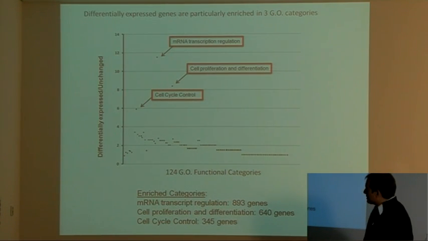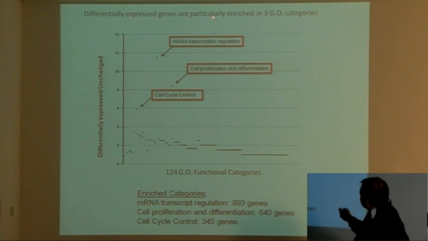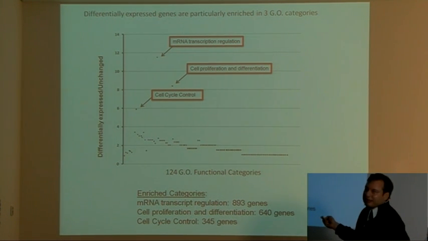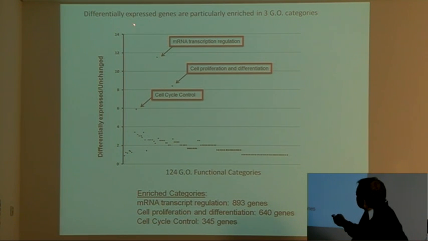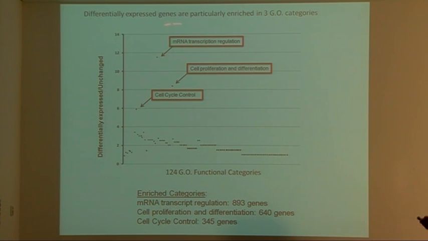Now, another thing you can do with this kind of data set is you can ask, of all of these genes that are changed, is there any differential representation within different functional categories that the changed transcripts are in? So by looking at gene ontology categories for cell processes, we find that in 3 categories, there's a much greater representation of changed transcript types.